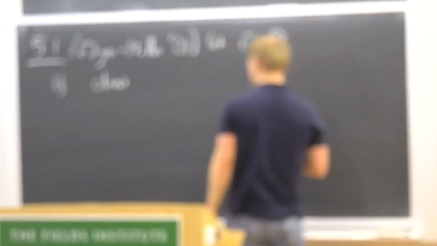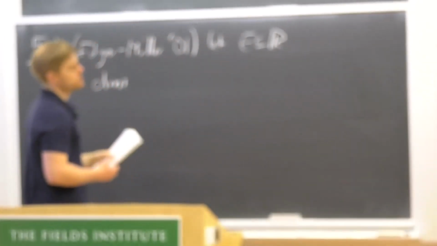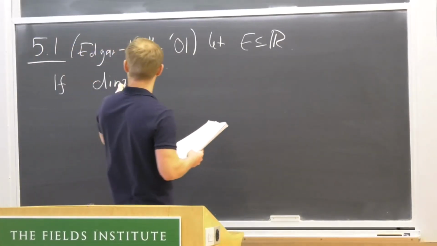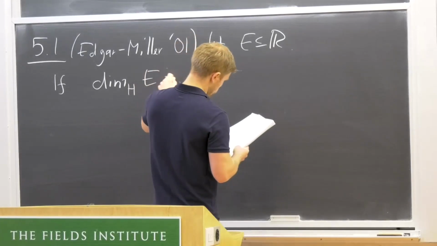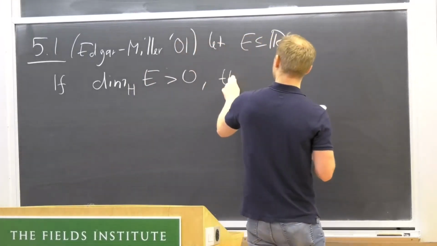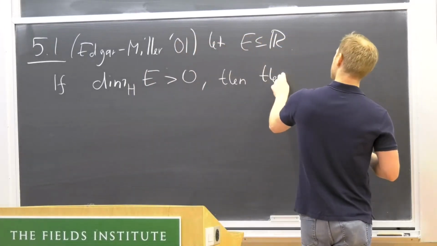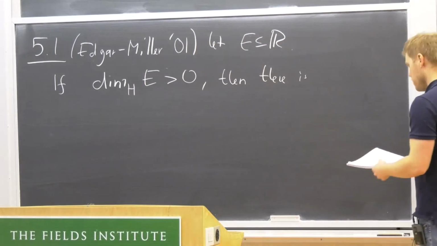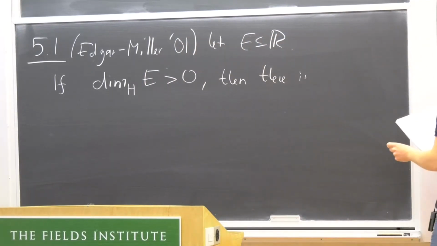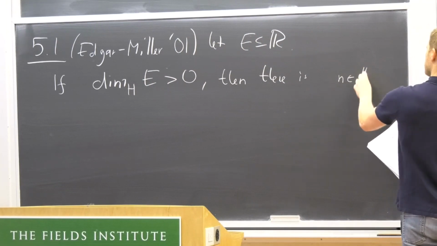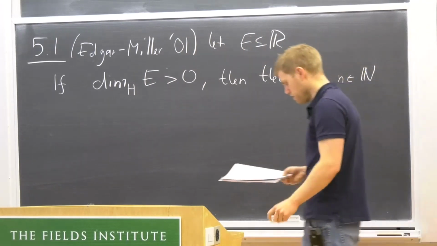So suppose you let E be a subset of R^n, no mention of definability or whatsoever. And if you know that the Hausdorff dimension is positive, again, don't worry if you don't know precisely what Hausdorff dimension is. We'll use one theorem about this, and you can take this theorem as a black box.